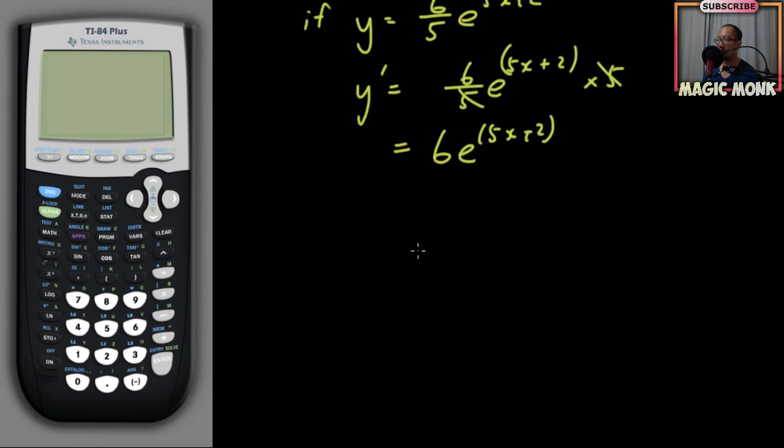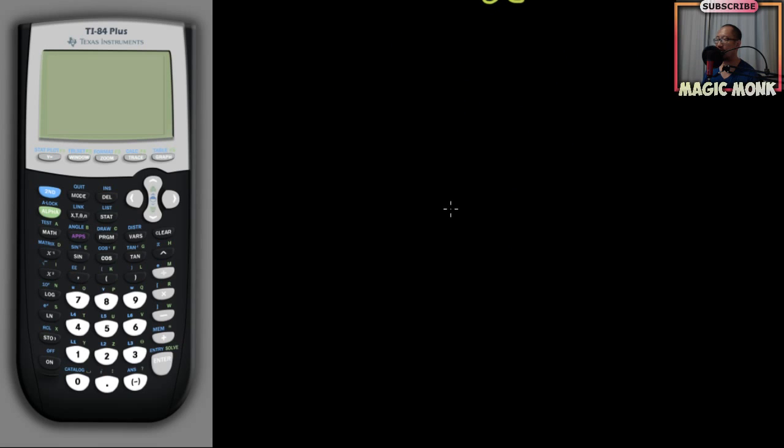Okay, so now let's try and integrate something crazy. Let's try to integrate x cubed e to the power of 5x to the power of 4 minus 7.